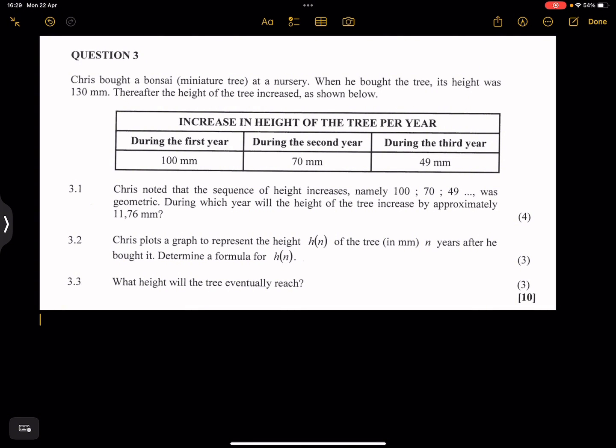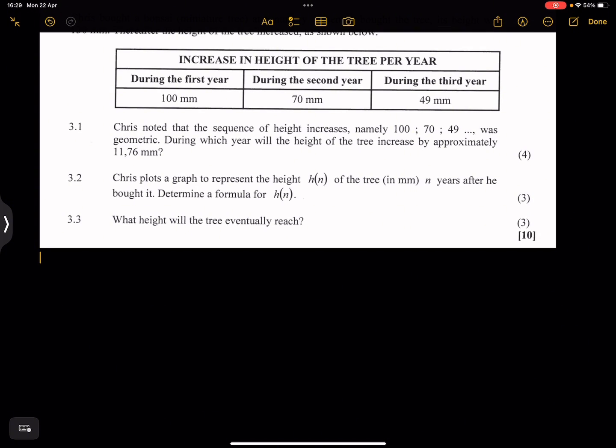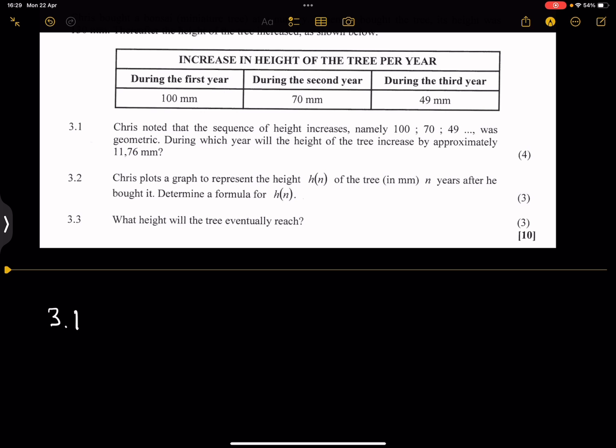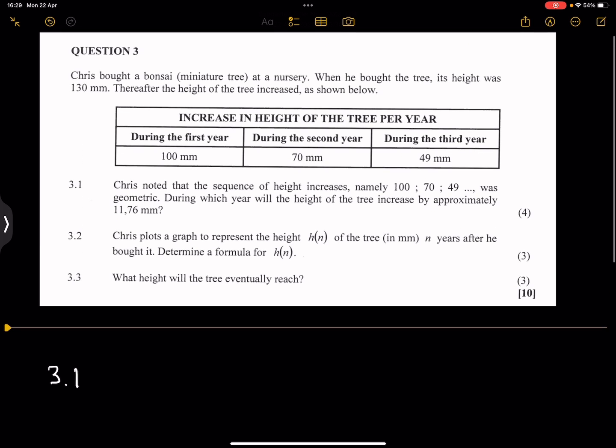So they say during which year will the height of the tree increase by approximately 11.76 millimeters. Now, I want you to note in this case, firstly they say to us this is a geometric sequence, right?